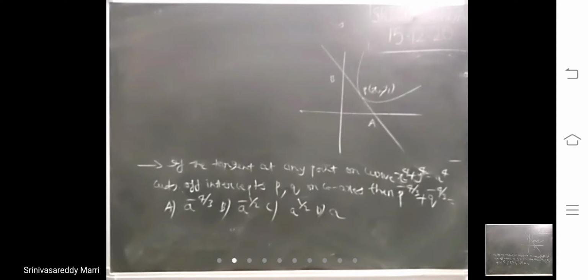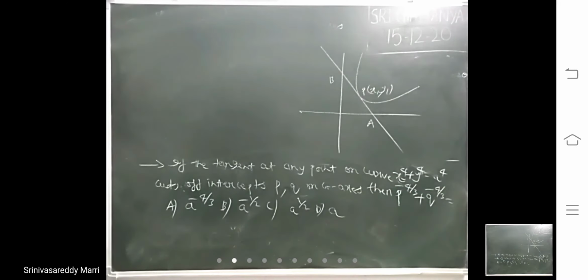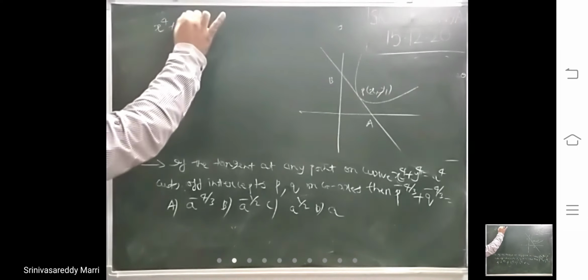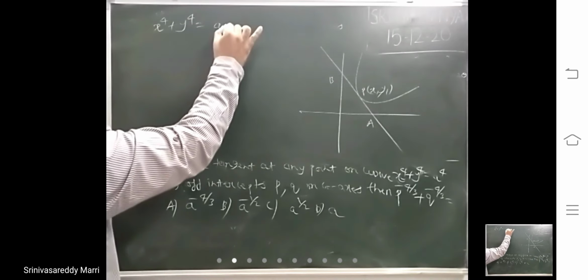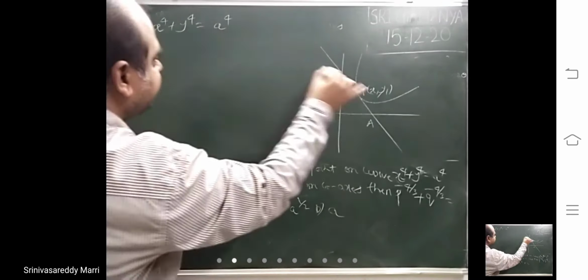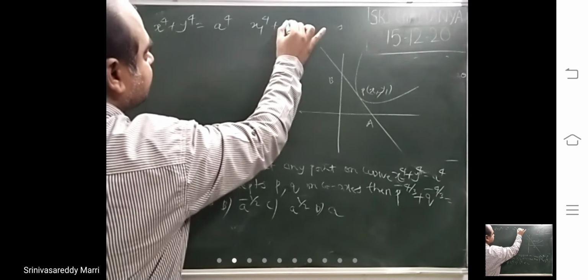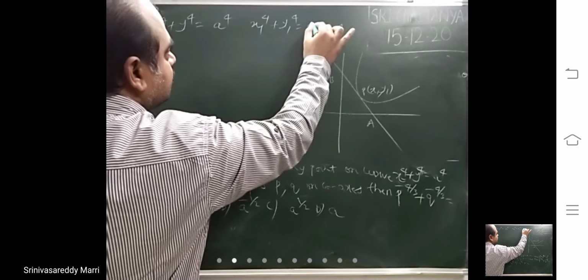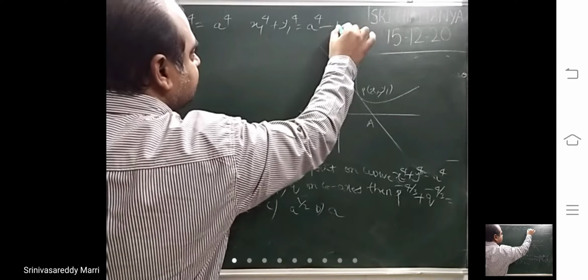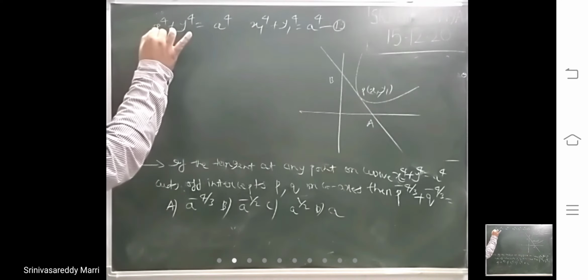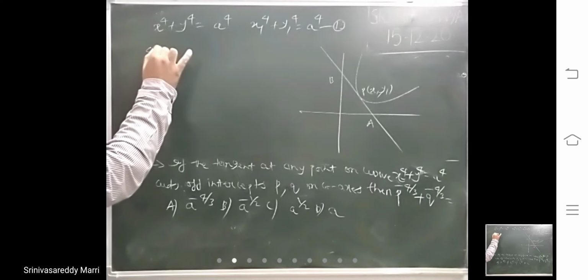Let P be any point on the curve, generally take it as x1, y1. Now I want to write the tangent equation. Take the curve x power 4 plus y power 4 equal to a power 4. The point P x1, y1 lies on it. Whenever you are taking a point, that point must lie on the curve, so this condition will be there: x1 to the power 4 plus y1 to the power 4 equal to a power 4.